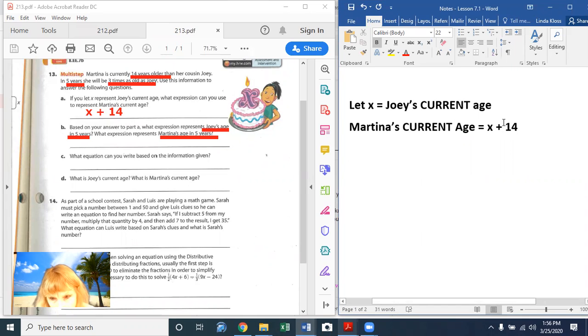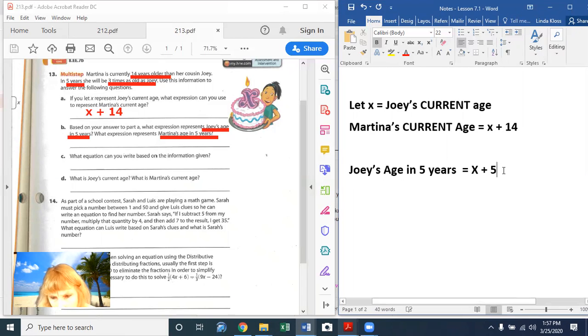Well, in 5 years, if Joey is currently X years old, how much will he be in 5 years? He will be 5 years older. So X plus 5, right? So that's going to be Joey's age in 5 years.